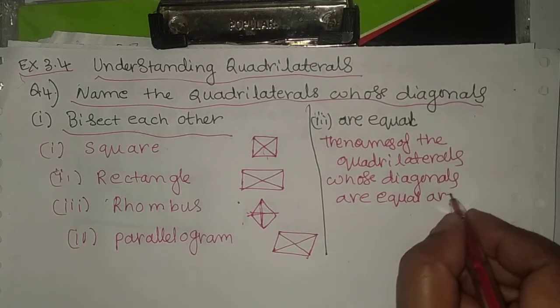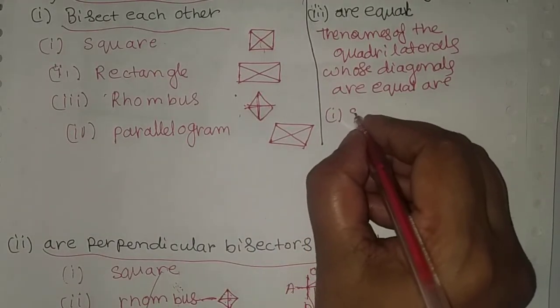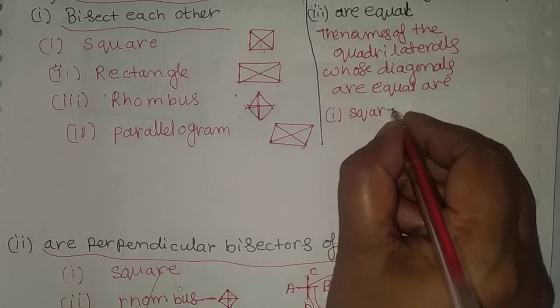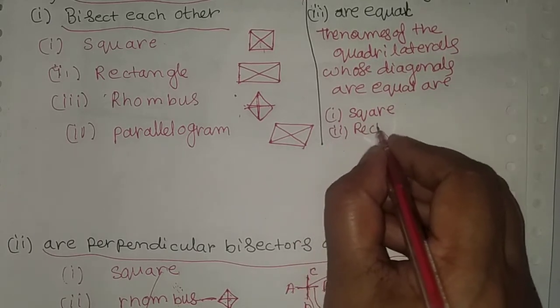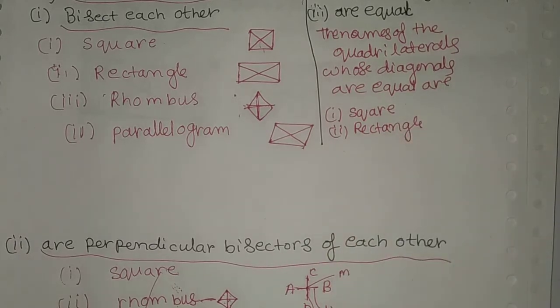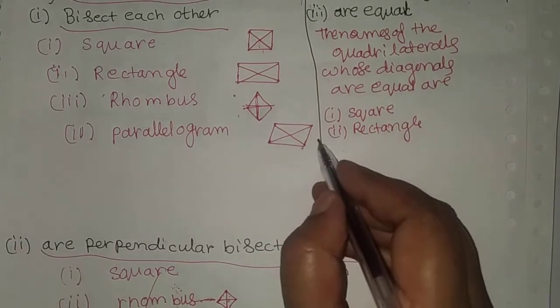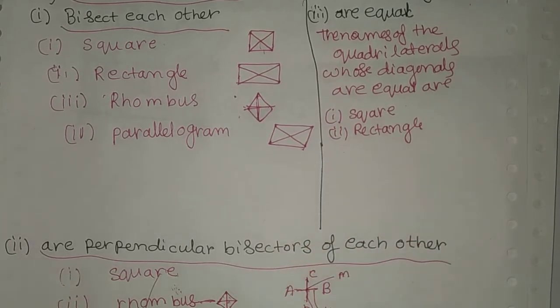First one is square, next one is rectangle. So here they have asked the names of the quadrilaterals whose diagonals are equal.